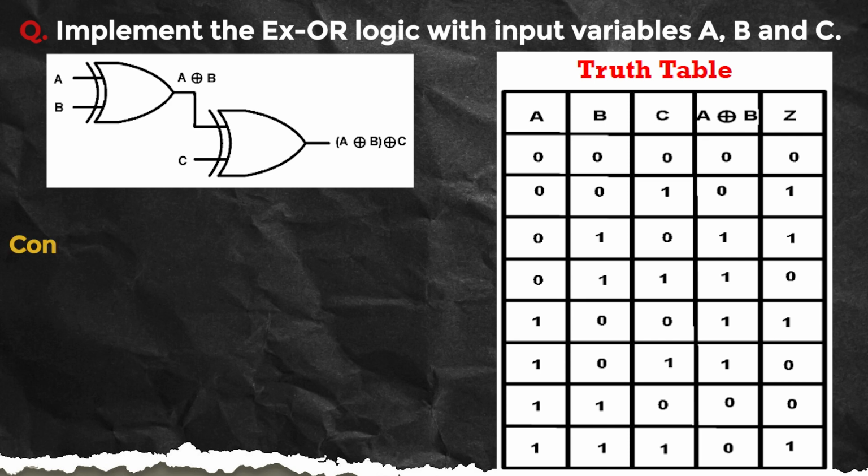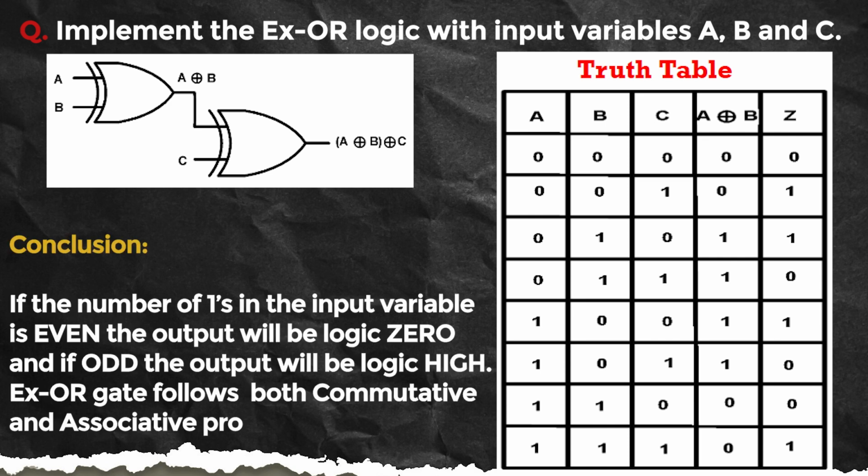You can see that when there is an even number of ones in the inputs, the output is 0, and when there is an odd number of ones, as when A is 1, B is 1 and C is 1, the output will be 1.